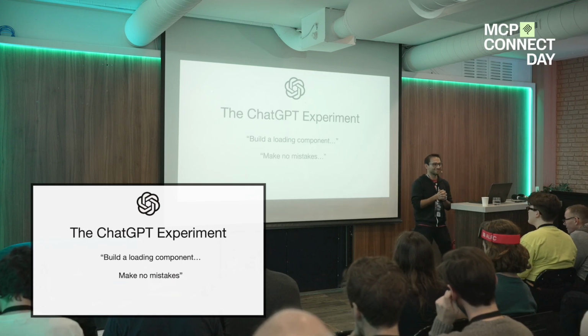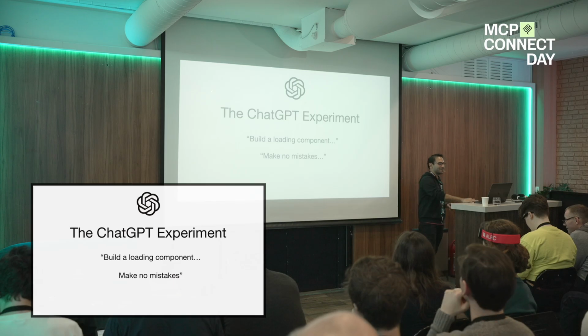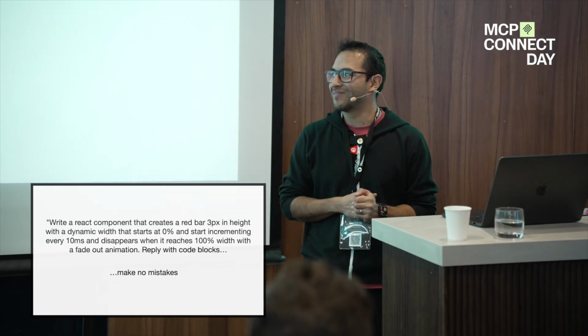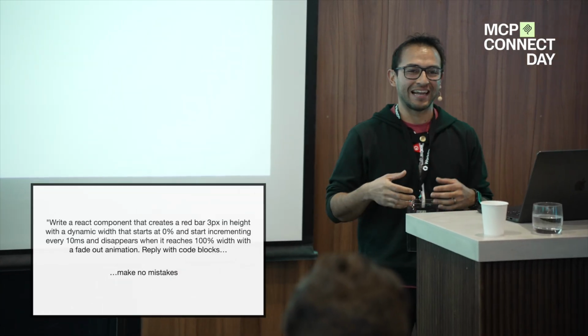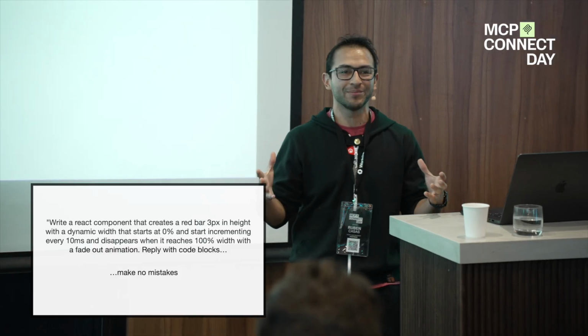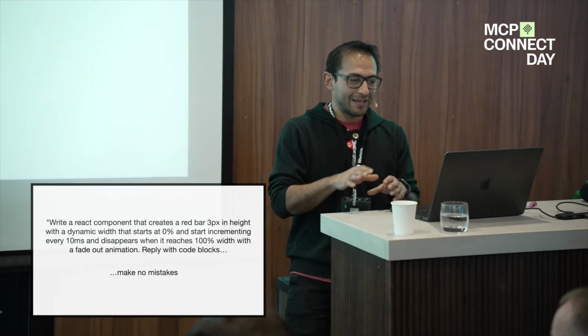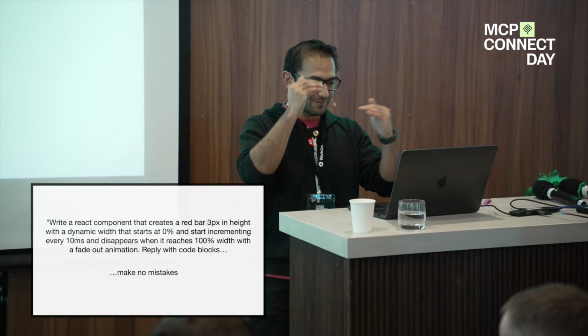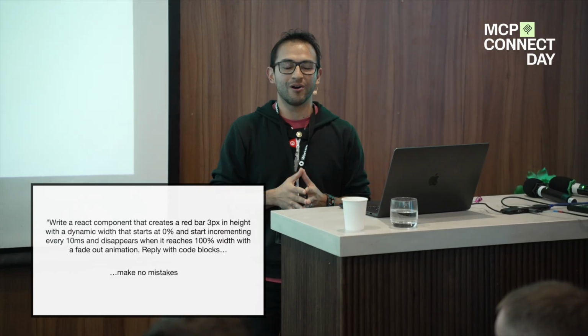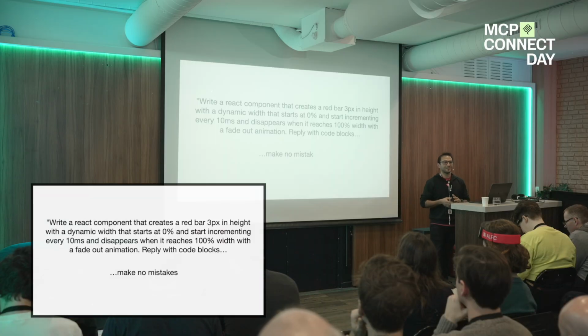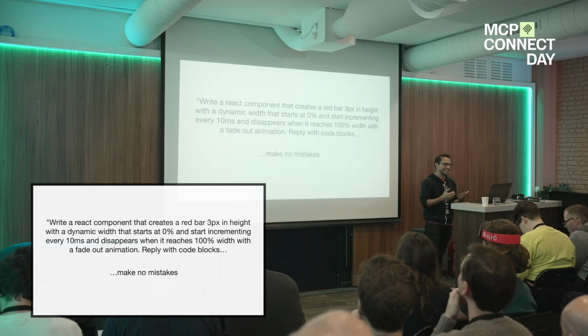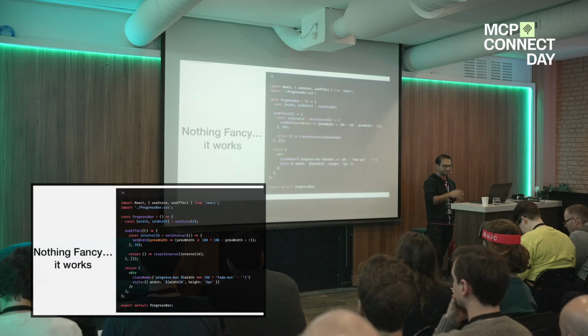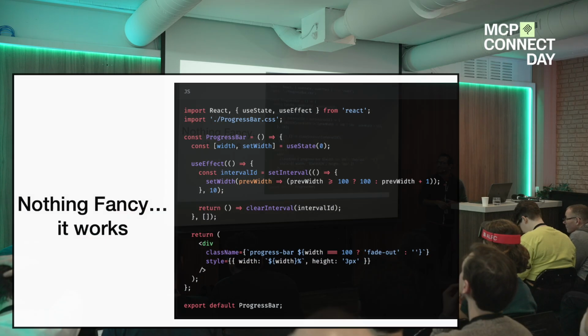Make no mistakes. Actually, the prompt was a little bit more elaborate. Make a React component. Those days we were prompt engineers, so build it with this animation, 3 pixels, whatever, reply in code blocks, make no mistakes, and it came up with this, which is nothing fancy.